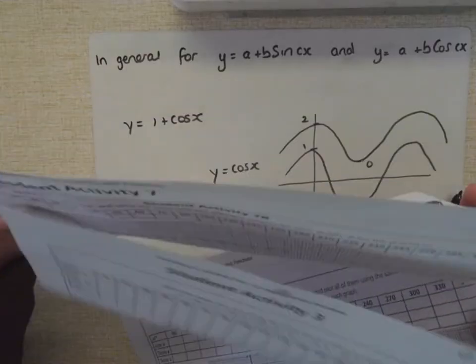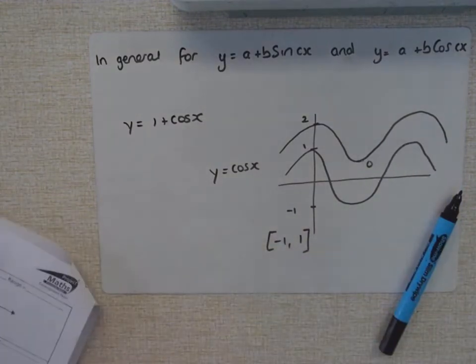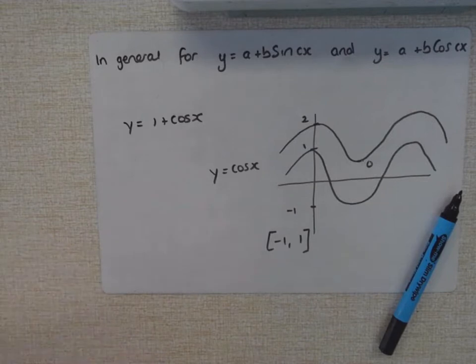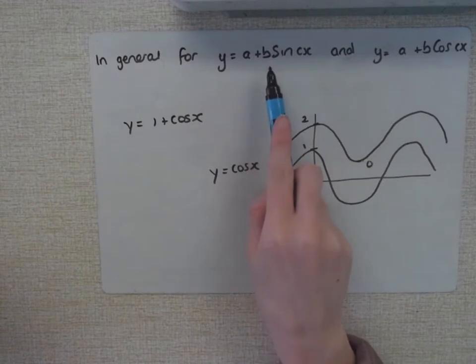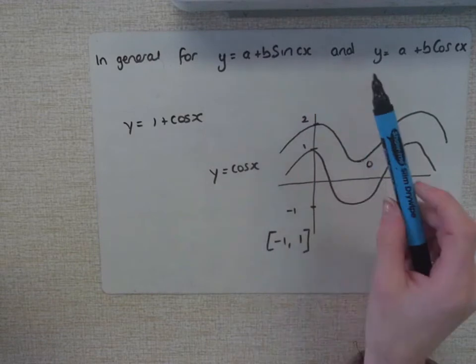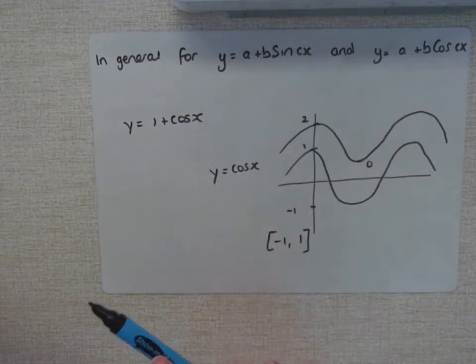What happened? The range, isn't it? I'm either multiplying the function or I'm multiplying the angle.